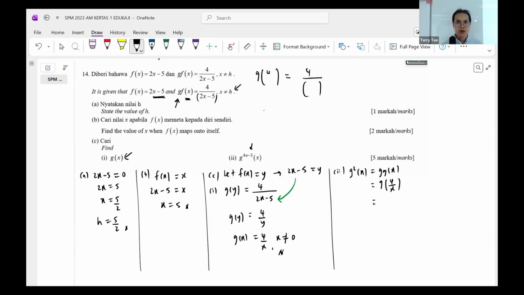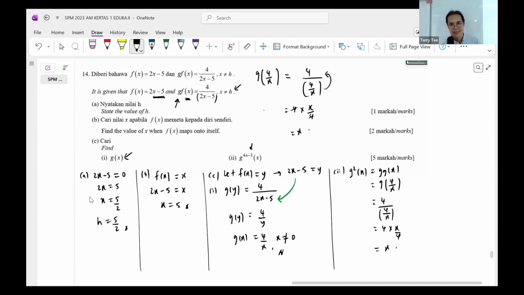If you put 4 over x inside here, we need to put 4 over x inside here. So this would be 4 times x over 4. Invert this upside down, cancel them, your answer is x. So we write this as 4 over 4 minus x, invert it, 4 times x over 4, you get x.